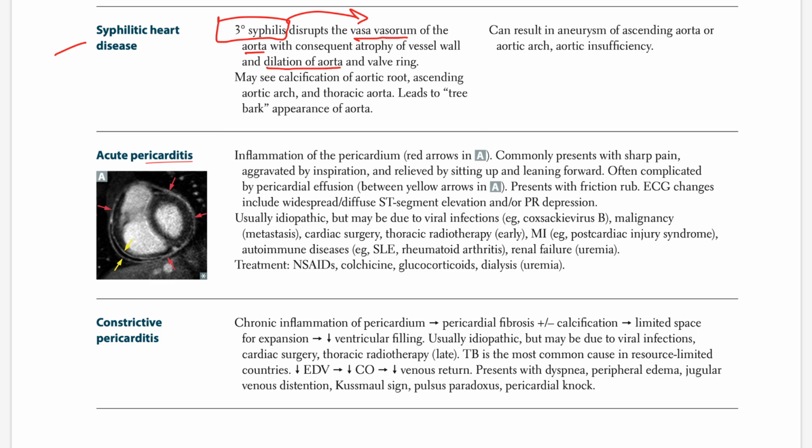If you recall, in a vessel you have intima, media, adventitia, right? And the aorta being a big artery, it has a media which is pretty big. So the intima gets its blood supply right away from the lumen. The blood is here, it supplies the intima.